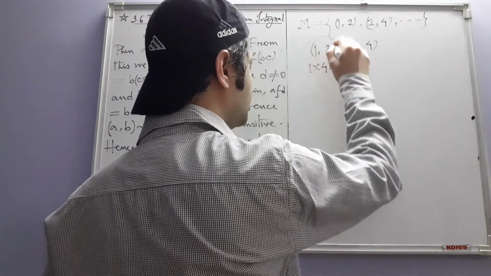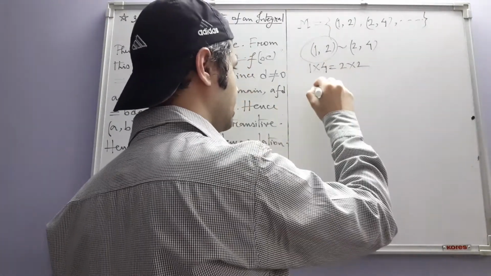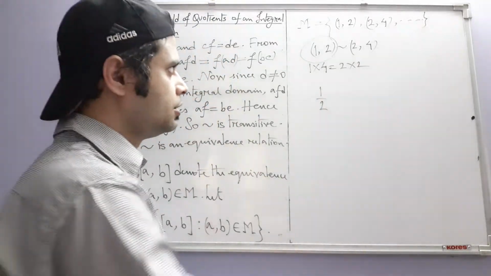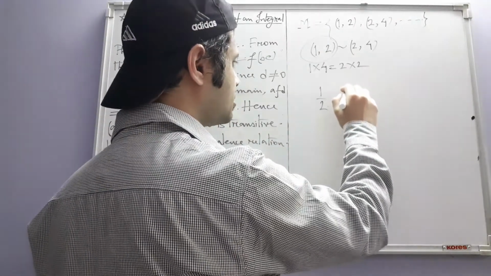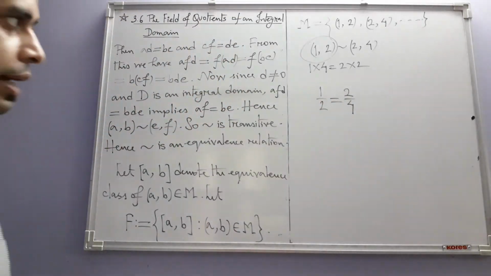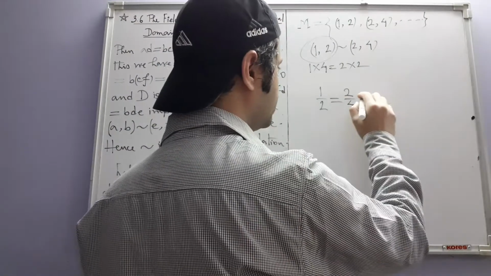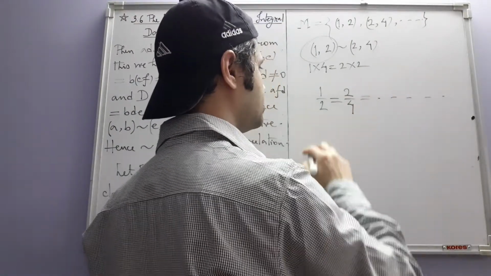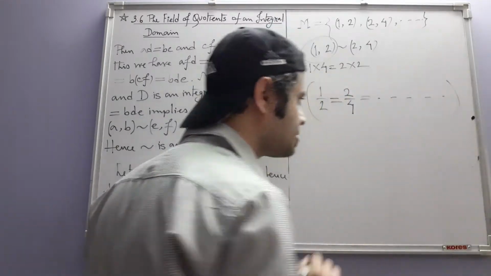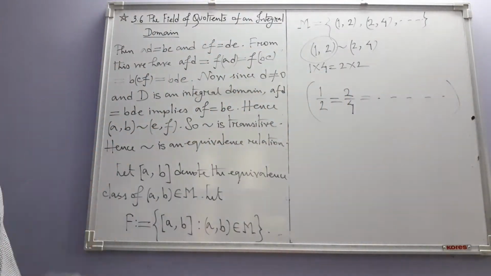Now if in place of this notation, I use the other symbol 1 by 2, then this equivalence class is just written like this. And all the other elements in this equivalence class represent one single thing, and that is a rational number.